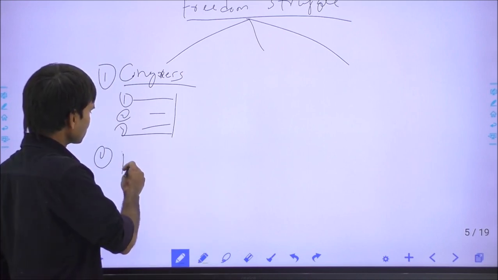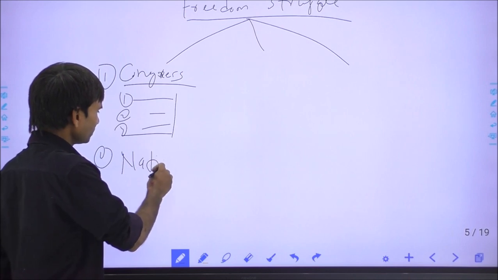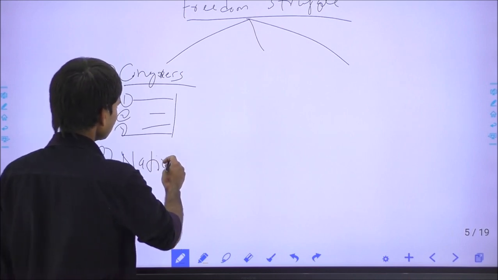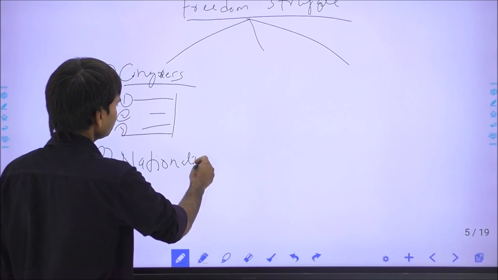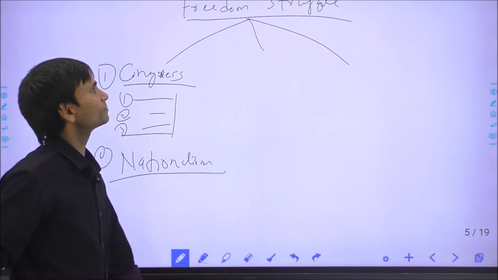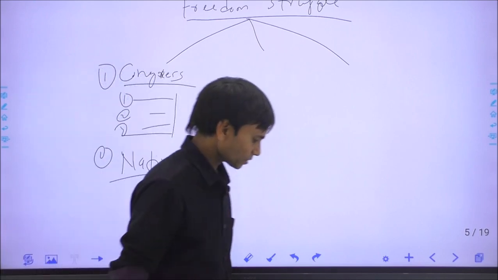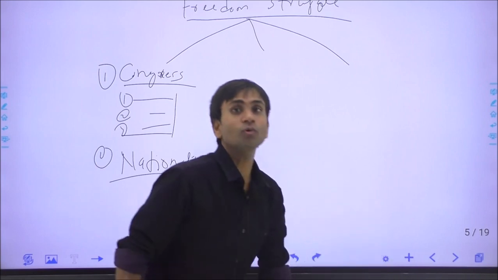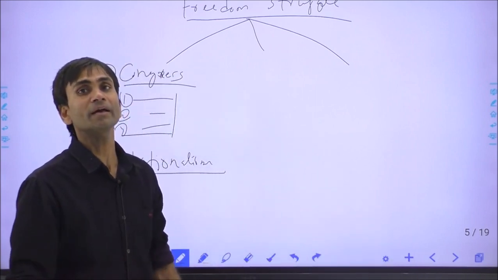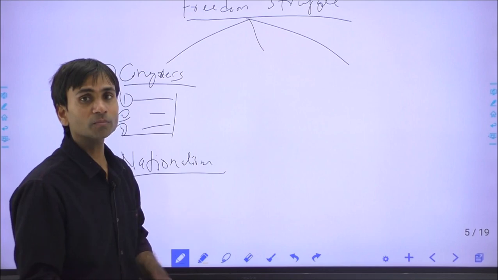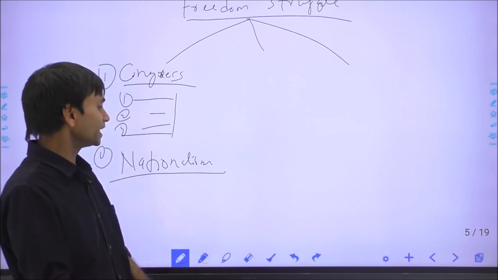the rise of nationalism. Definitely we can say nationalism was systematically started by the Congress, because now Congress started to raise the questions of Indian people. And what were the demands or questions of Indian people?